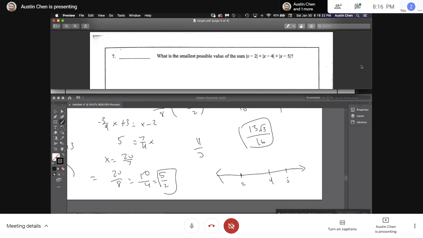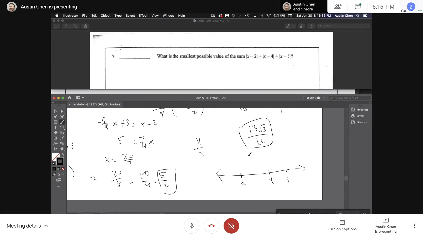Huh. Wait, okay, if you have 3, then it's 1, 1, and 2, so 4. No, the smallest value itself, right? So the value itself will be 3. Oh, the value itself, not the x value. Okay, so the x value should still be 11 thirds.